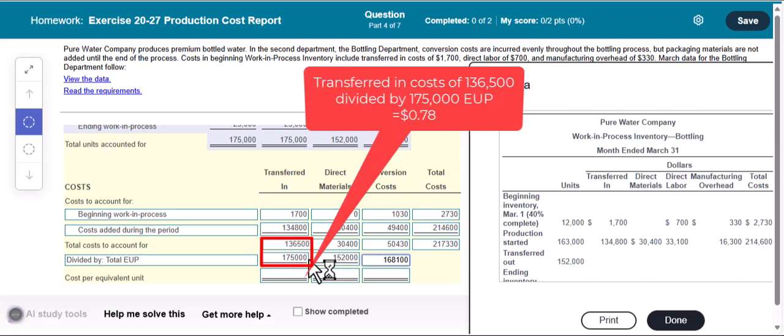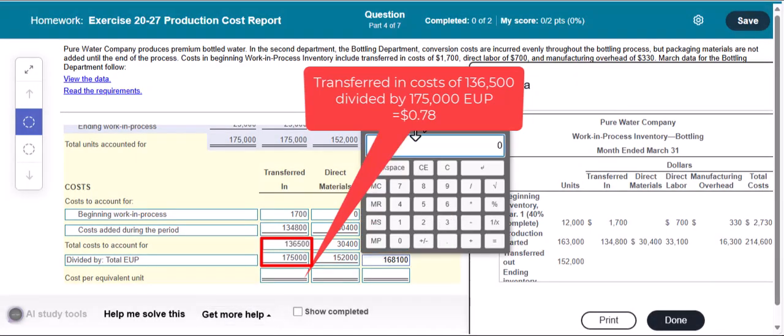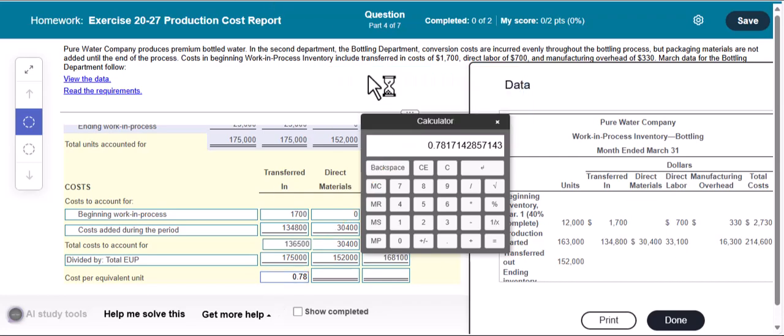So we can go ahead and get that in our calculator. And that's going to give us 0.78, rounded to 2 digits.